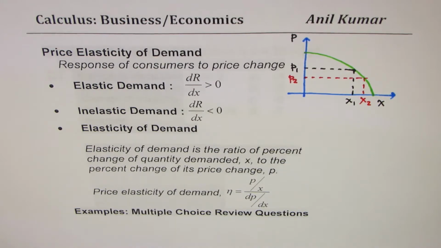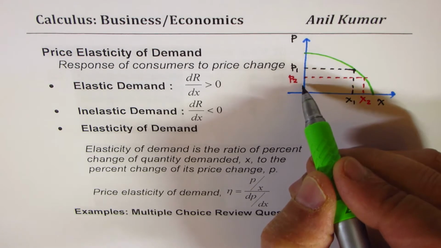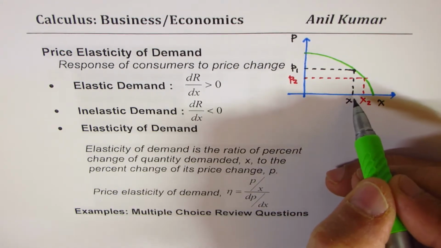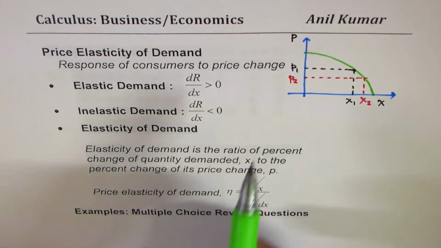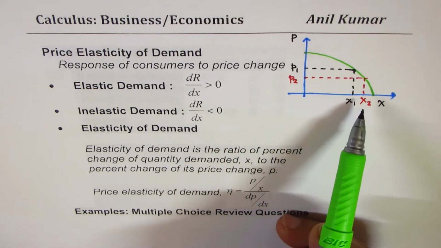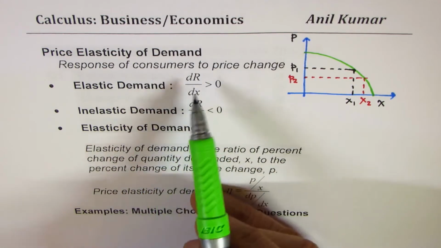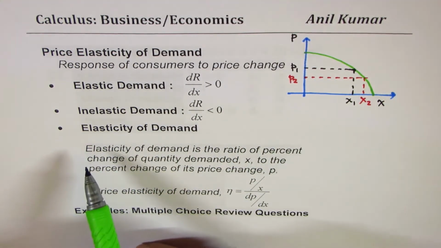What you can also see here is that for a higher price reduction, there could be a change in consumption. So there is a relation between price and consumption. Now this relation is very important for economists, and so we have a few terms here which we need to understand and some business scenarios.